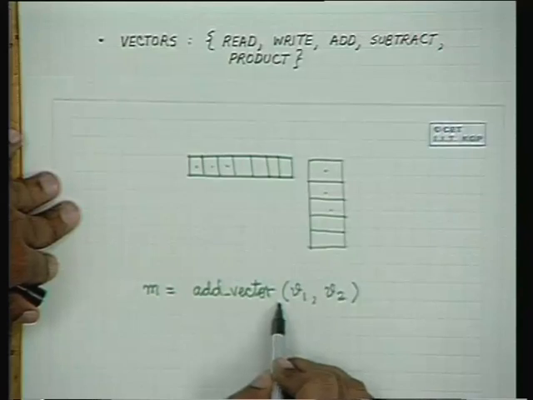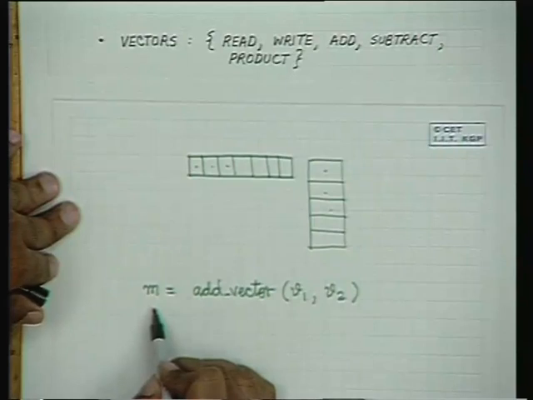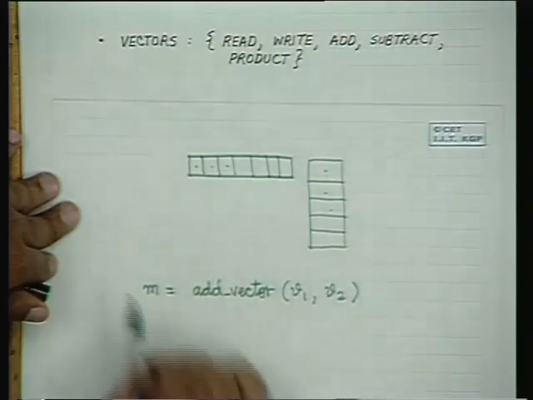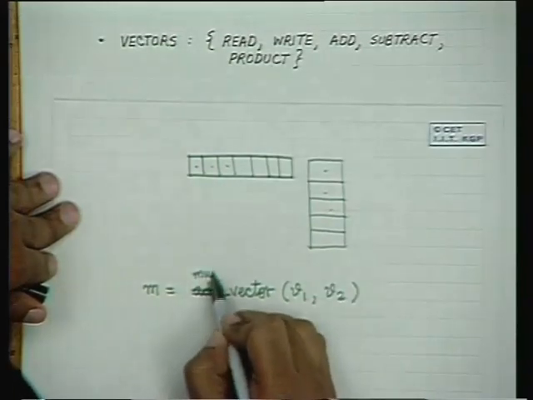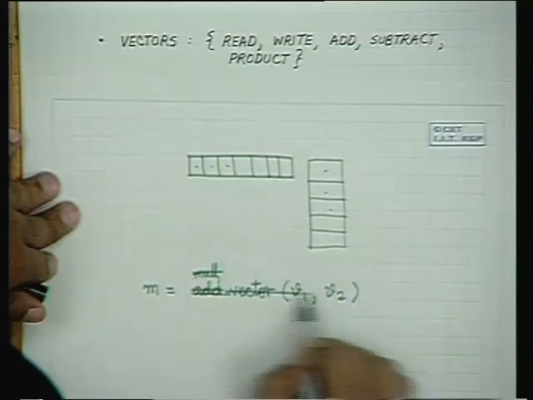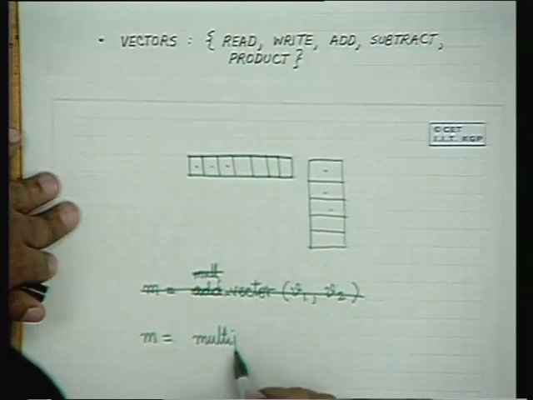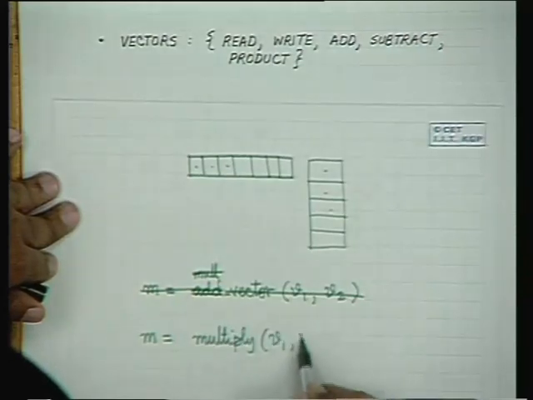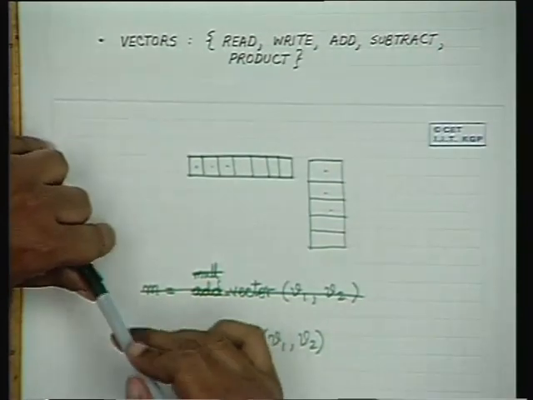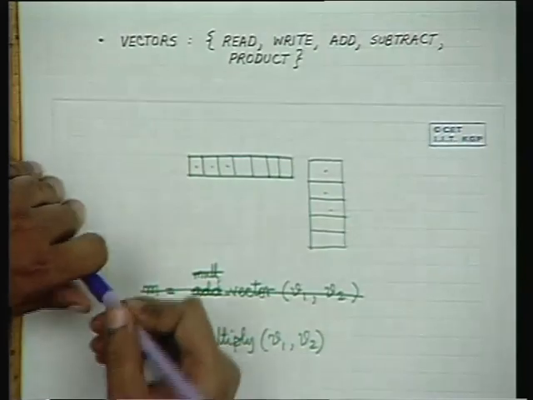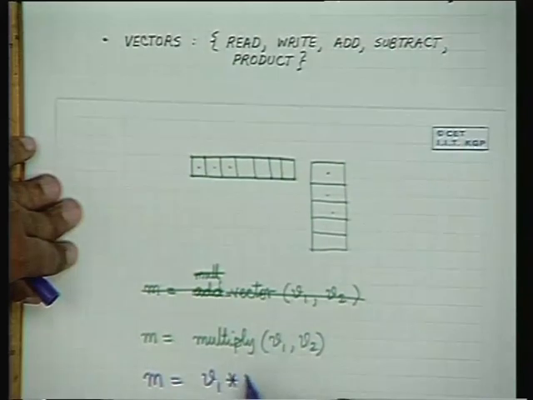Add vector operates on these two, and M is of type matrix, and this is how you would simply write it. Sorry, multiply. I am sorry. M is equal to multiply V1 V2. Now comes the good fun of what is called polymorphism. You would simply write M is equal to V1 star V2.